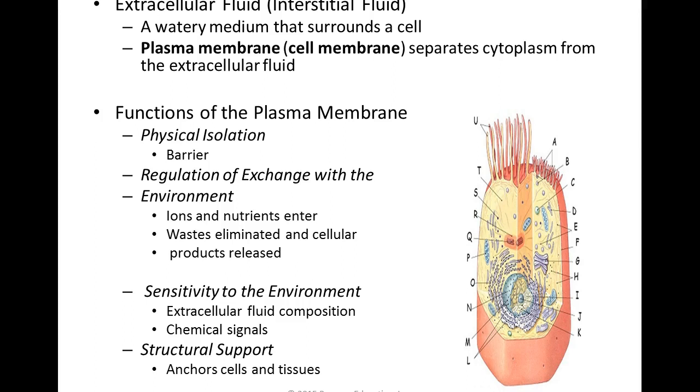The plasma membrane or the cell membrane, they can both mean the same thing, separates that cytoplasm, that inside the cell compartment, from what's outside that particular cell. And so you have extracellular fluid generally that is localized around that individual cell we're talking about, but we can't really separate one cell.